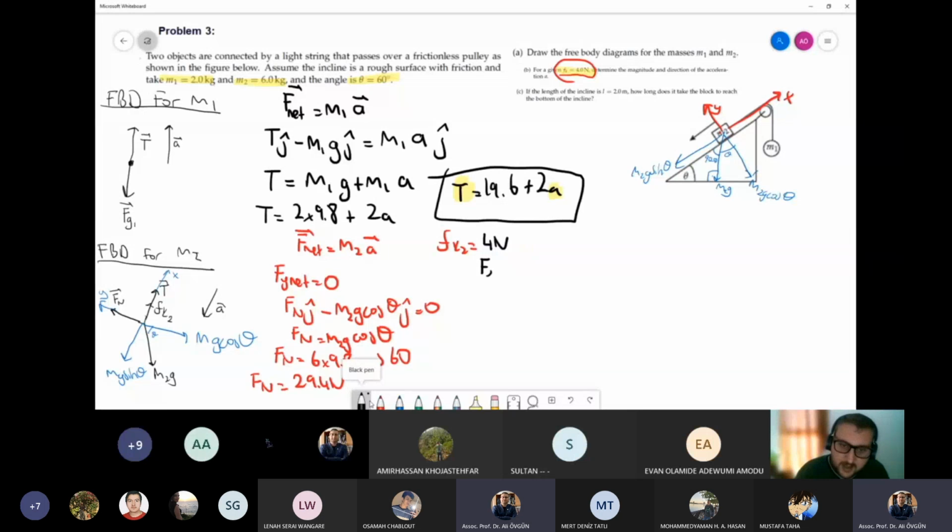So let's go directly. What is F x net equal to m a x? What is the force in the x direction?